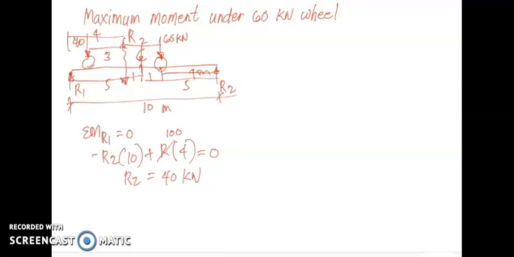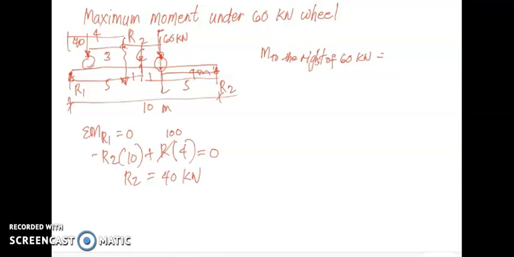Now we have to identify the moment to the right of 60 kilonewton. So to the right of 60 kilonewton, this is 60 or R sub 2. So this will be our reference point.